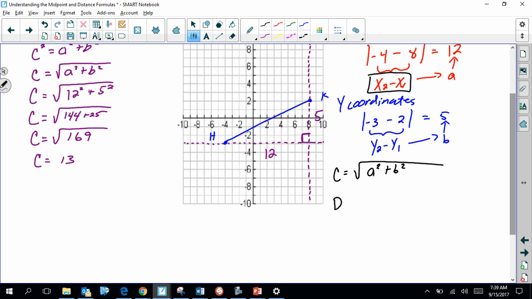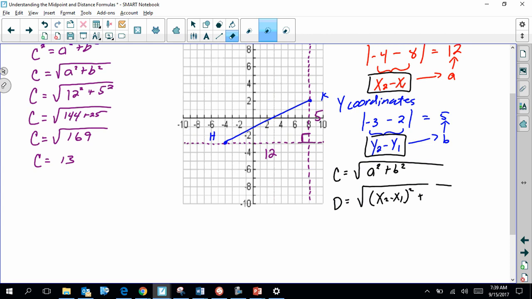And I'm going to say d now for distance. So substituting for a, I can say x2 minus x1, and we still square it because that's what the Pythagorean theorem said to do. Then I can take the difference of the y's and substitute that in for b. Here I can say y2 minus y1 squared.